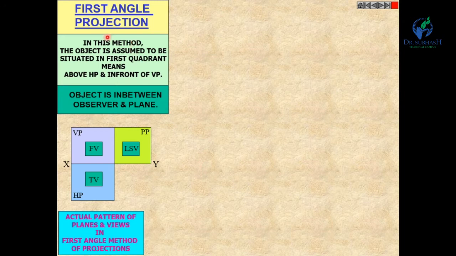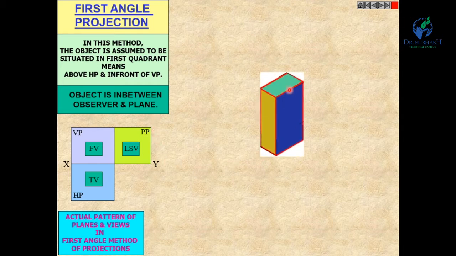Now the first angle projection method, as we discussed earlier. In this method, the object is assumed to be situated in the first quadrant, that means above HP and in front of VP. In this case, the object is in between the observer and the plane.